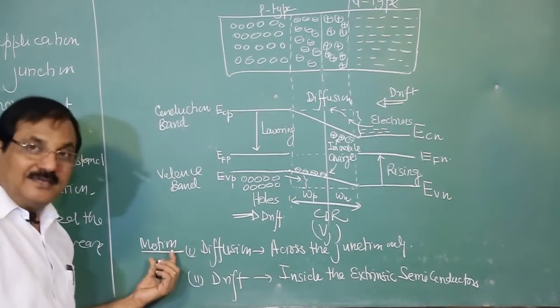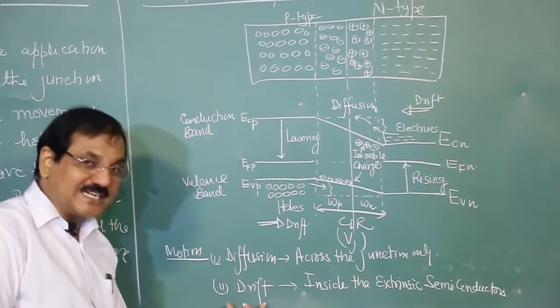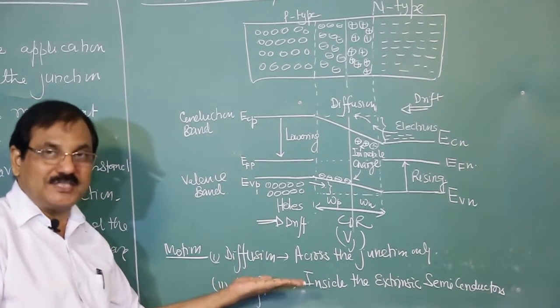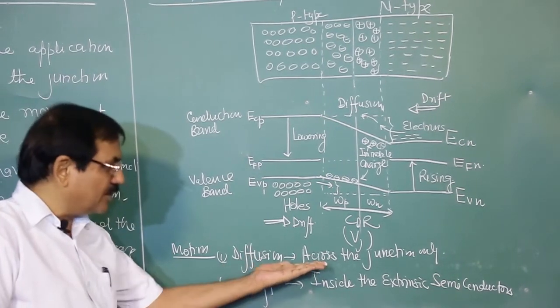Now, motion means there are two types of charge carrier movement inside the semiconductor. Across the junction, it is due to the density difference. So, diffusion across the junction only.